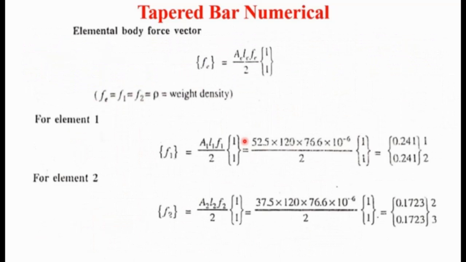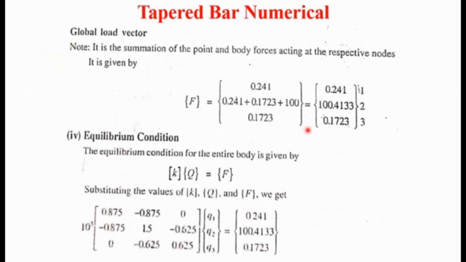Therefore we will get this F matrix equal to 0.241, then 100.4133 and 0.1723. This is the load vector F, capital F.